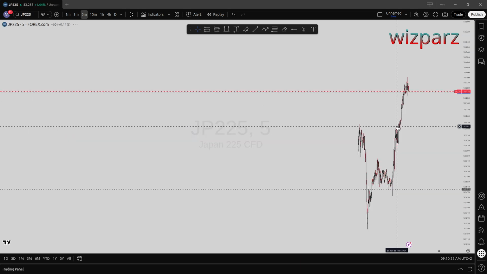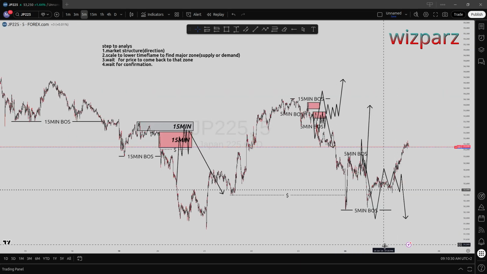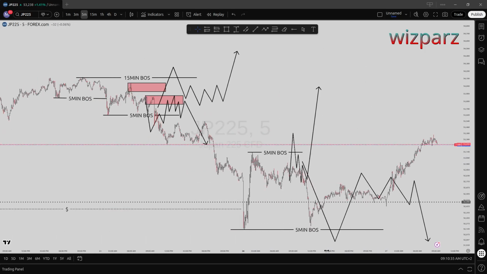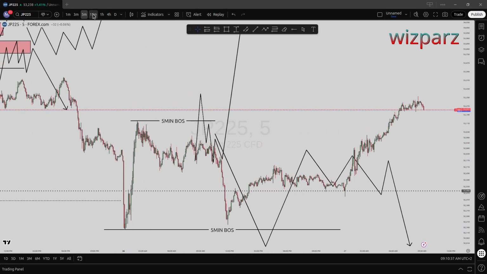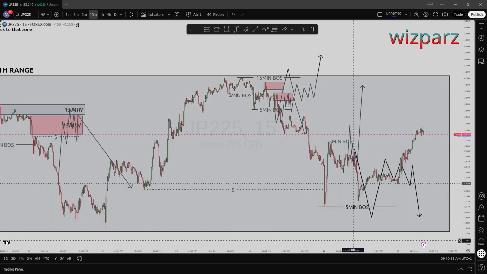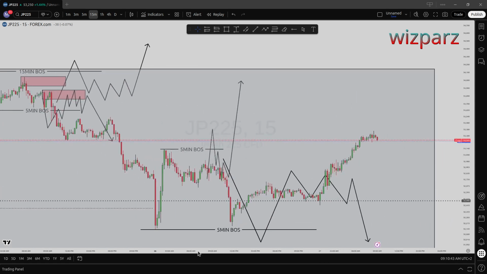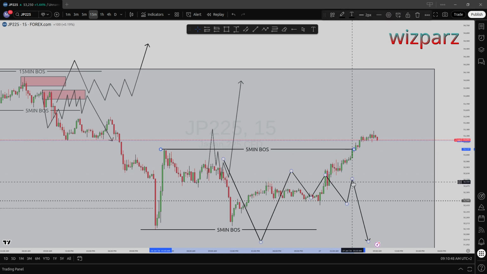And JP225 still, we can see now the price gave us 15-minute change of character to the upside.